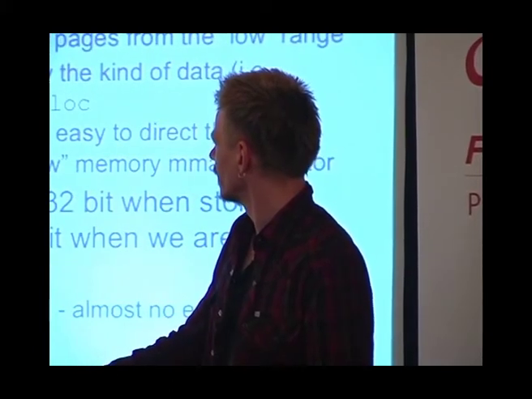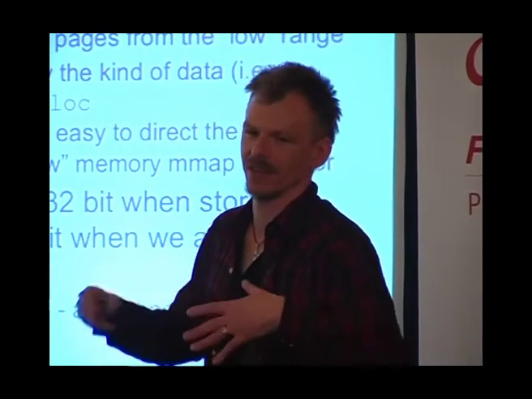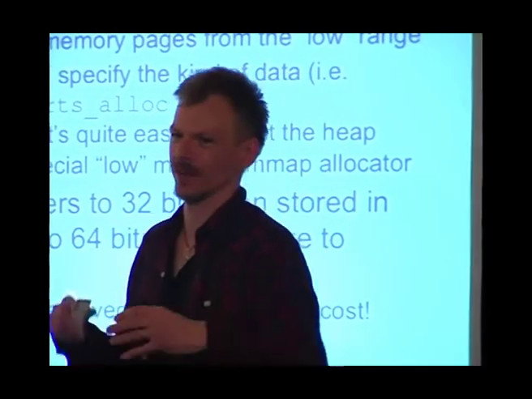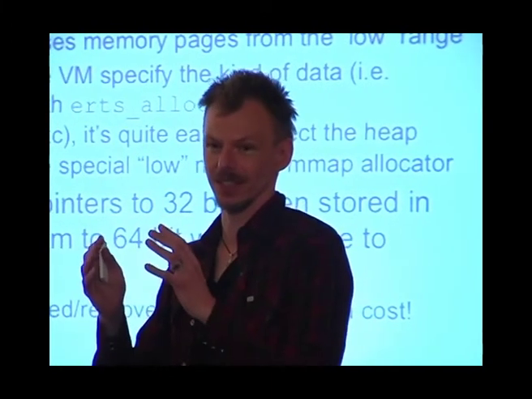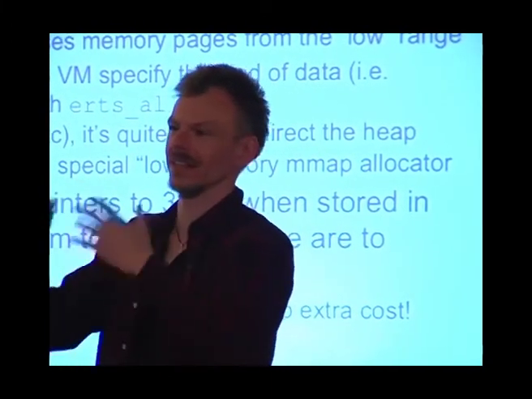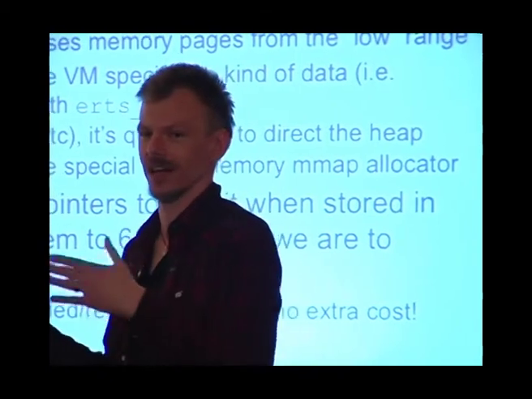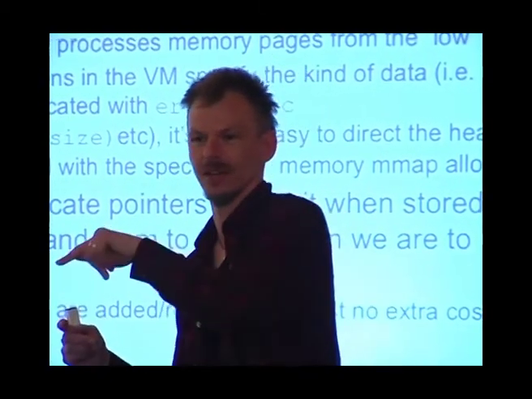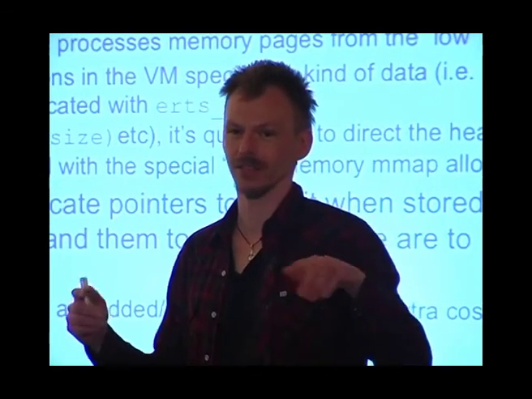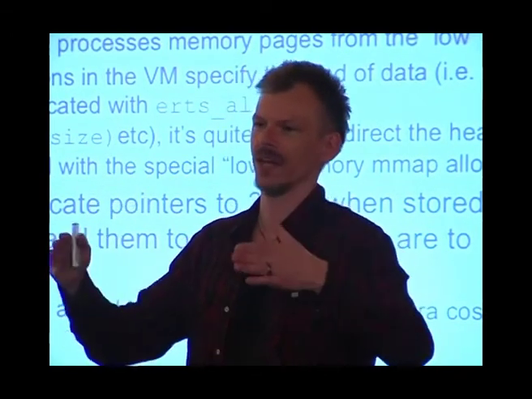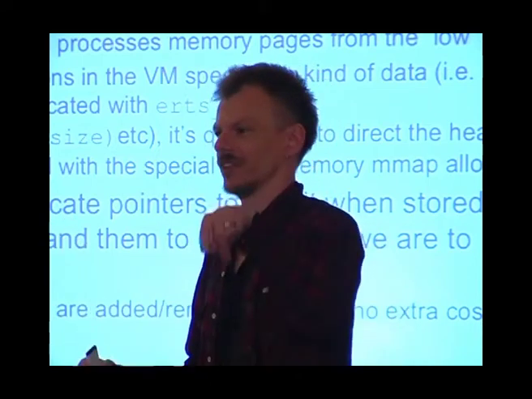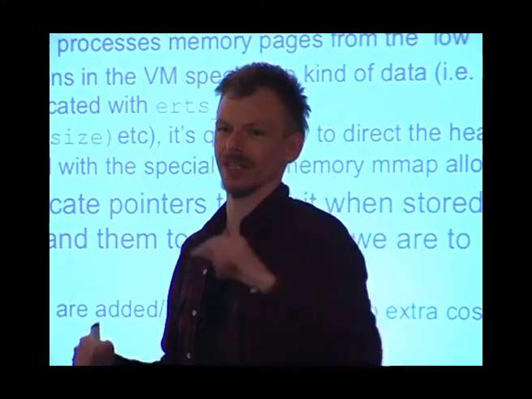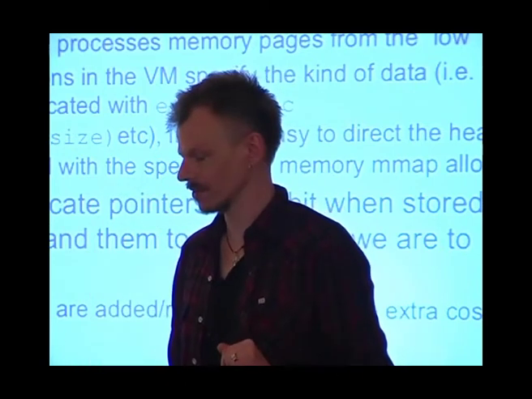What we did was, well, ETS was not all that simple, because we had to do something else with ETS tables, because the data in ETS tables is also Erlang terms. So in that case, we actually use this array view of things. ETS objects are arrays of Erlang terms, and the tagged pointers are actually offsets from the beginning of the ETS object.